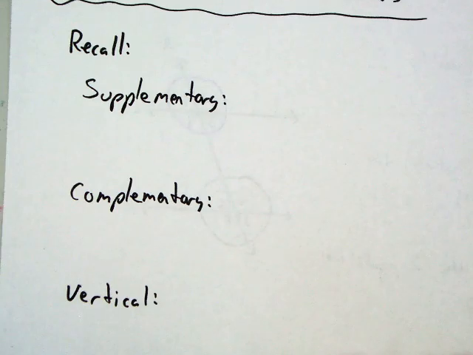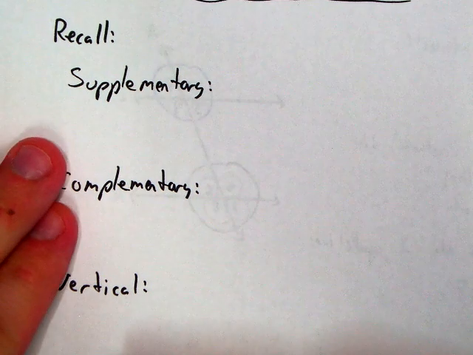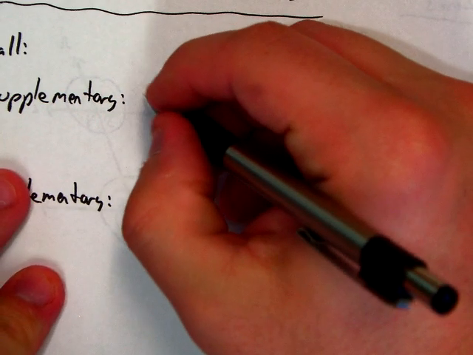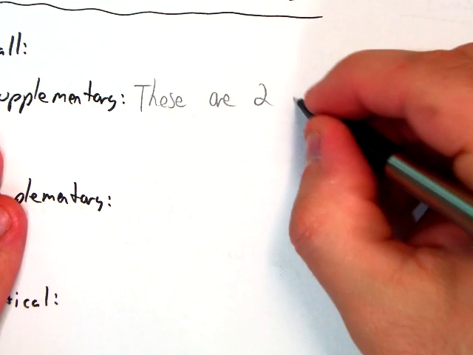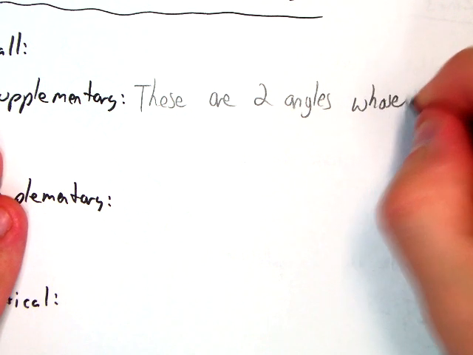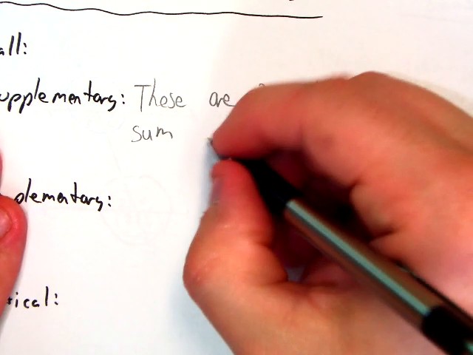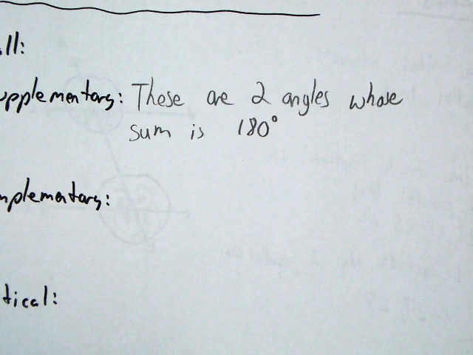All right, let's talk about some review. So we have supplementary, complementary, and vertical angles. Supplementary angles are two angles whose sum is 180 degrees.